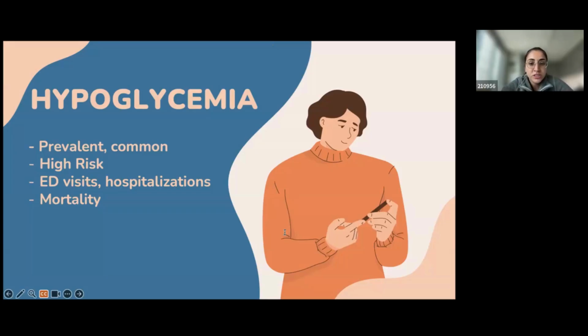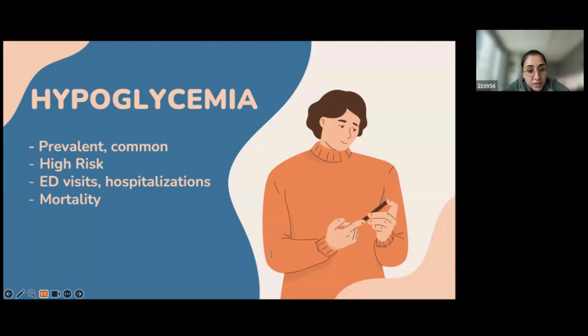And in another observational study in long-term care facilities, 35% of residents with type 2 diabetes experience hypoglycemia annually. Imagine, 35% annually, and a whopping 25% of residents experience severe hypoglycemia with a blood glucose less than 55.